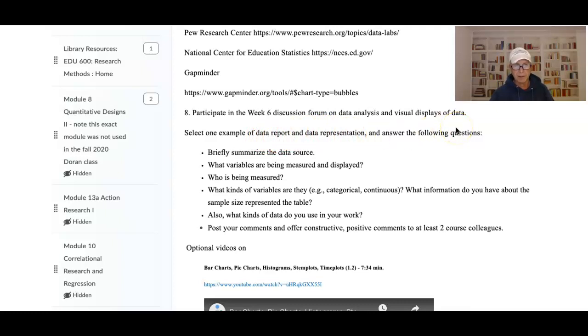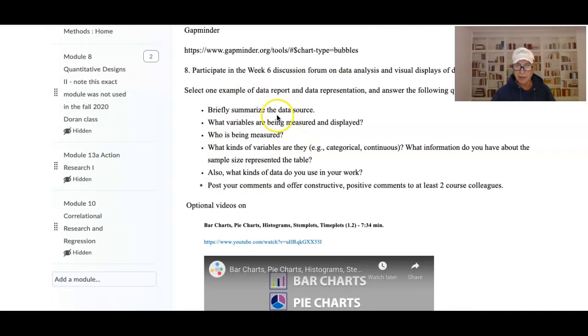So in a nutshell, come up here, find a source, but you also might be interested in something else that you can find a data source very easily from. In the discussion post, summarize the data source. What are the variables? Who's being measured? What kind of variables are they? And what kind of data do you use in your work?